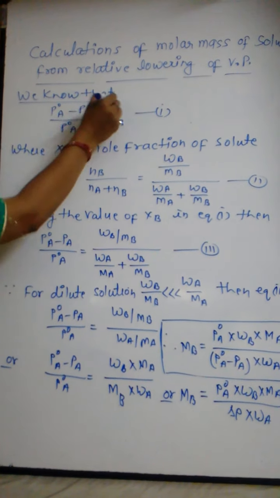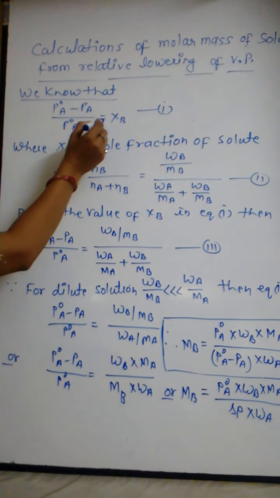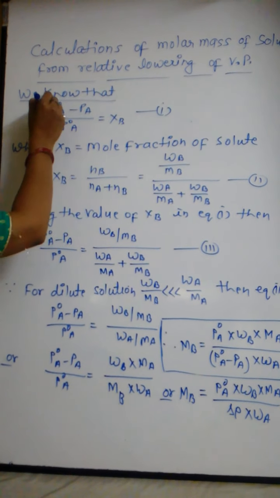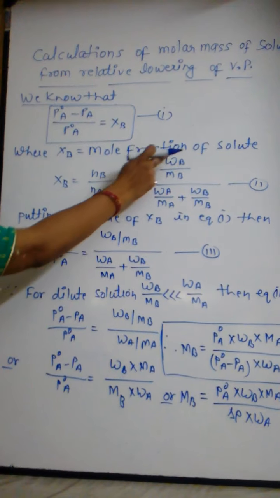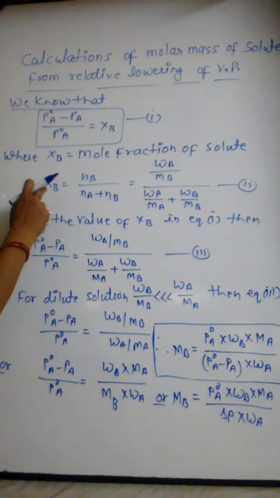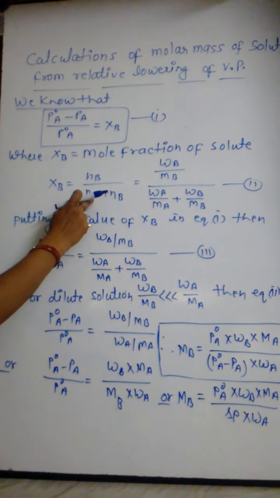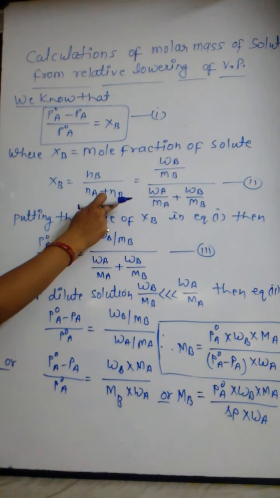We know that the relative lowering of vapor pressure, (P naught A minus PA) upon P naught A, equals XB, where XB is the mole fraction of solute. Mole fraction of solute depends upon the number of moles of solute upon the total number of moles of solvent plus solute.